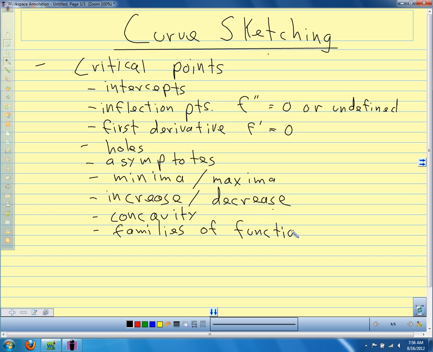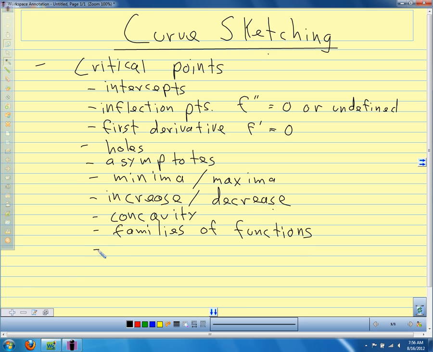If it's not too complicated, then we can get an idea from that. Any other ideas? Plug in some x values and get an idea of what it looks like. Okay?